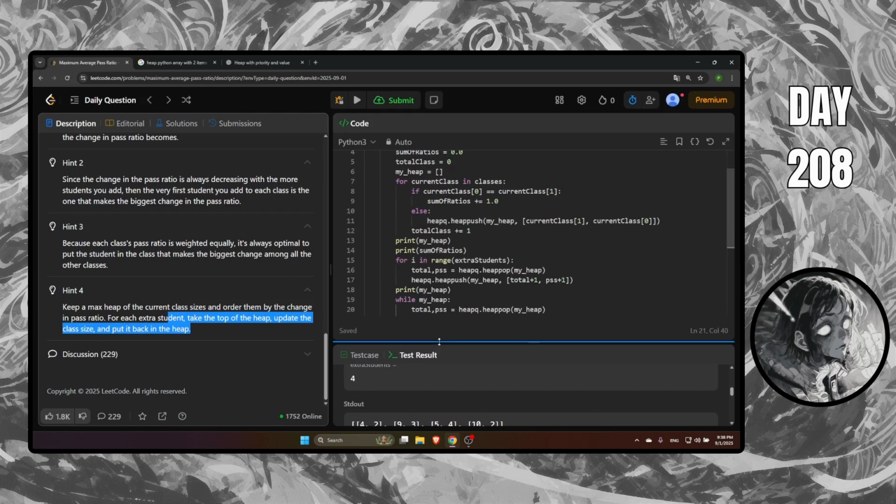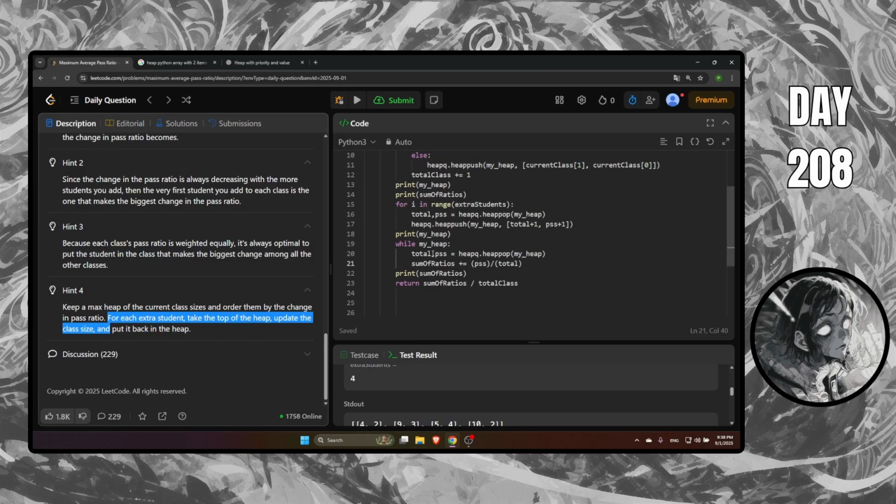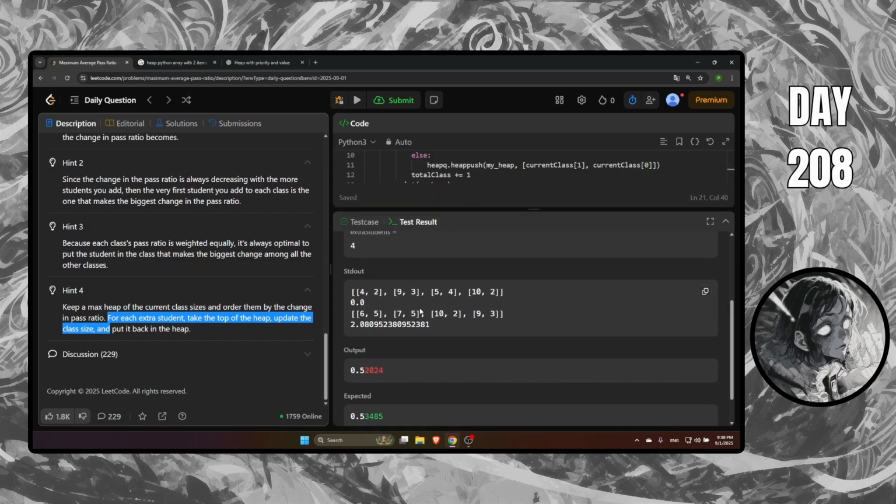We need to keep a max heap. Do I need to calculate?